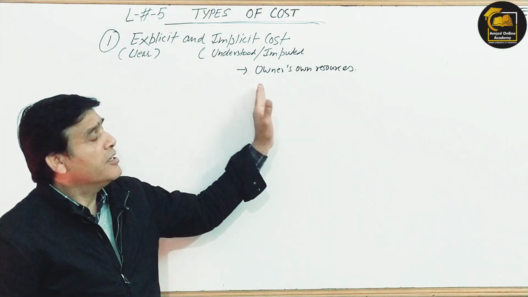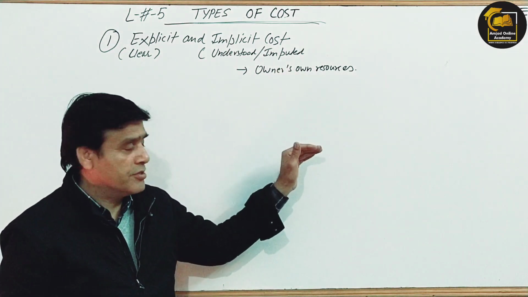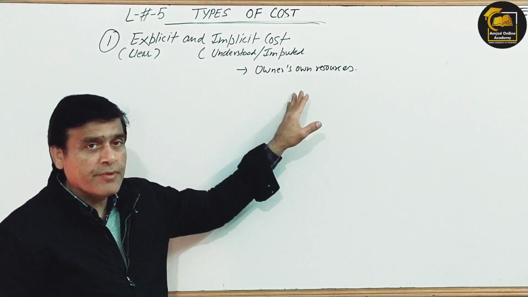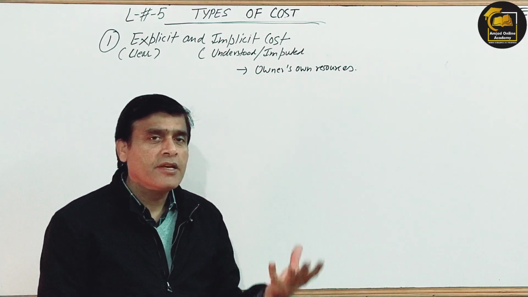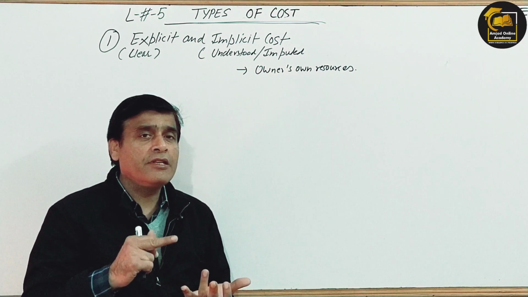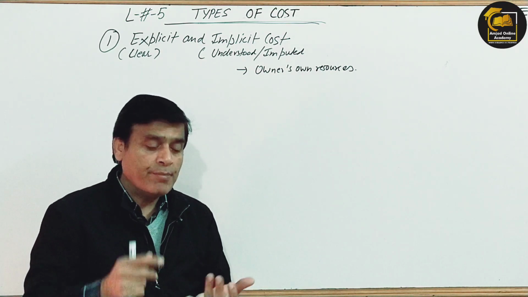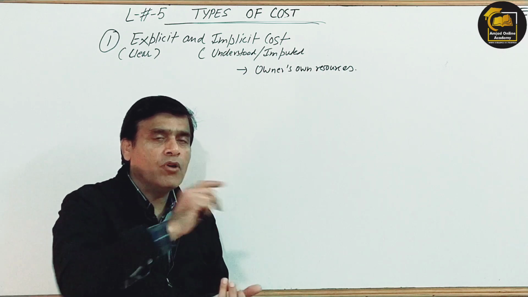That's why in some books imputed cost or implicit cost is also taken as the opportunity cost. Owners own resources here means, for example, if I am going to start a business, I will definitely dedicate a lot of time. Even I will spend more time than my employees are spending in my business. But I am going to decide the salary of my employee.